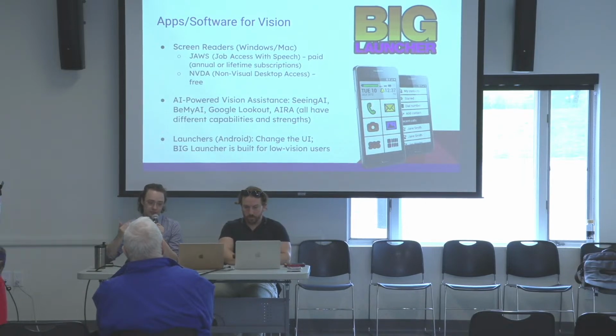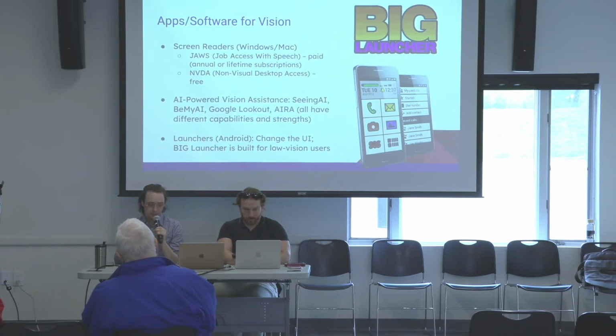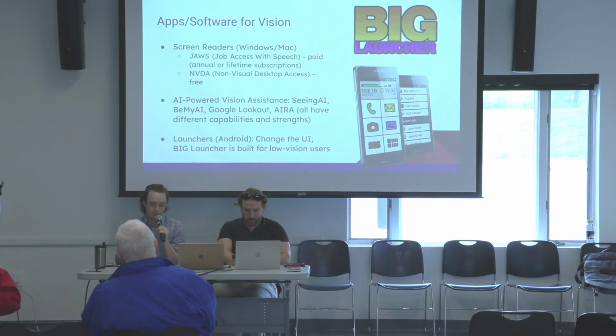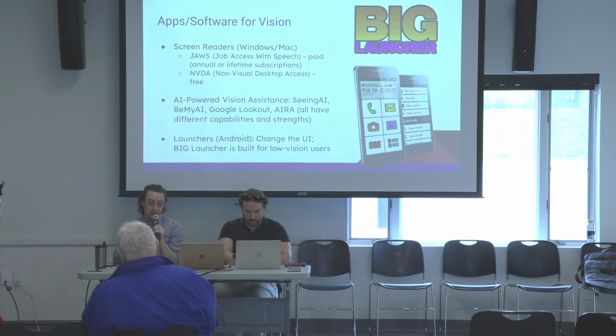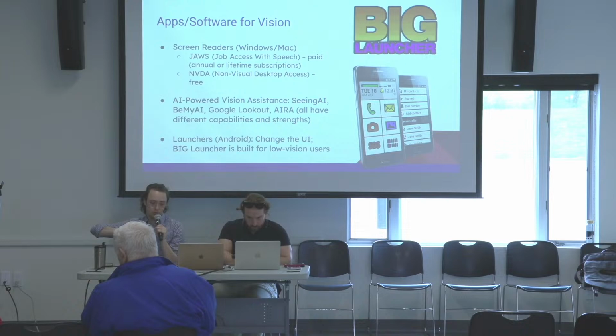With Android, and to some extent Windows as well, if you're a bit computer savvy, you can do things that can actually change the user interface. On Android, these are called launchers. These are also available in the app store, so Google Play Store. And essentially, that will change the whole layout of your phone. Like I am showing on the screen, Big Launcher.